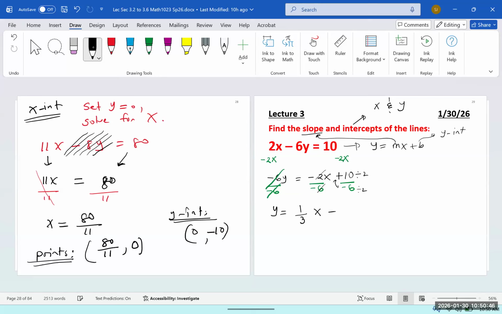So we reduce, we get 5/3. So we found our slope is 1/3 and our y-intercept is y equals -5/3.